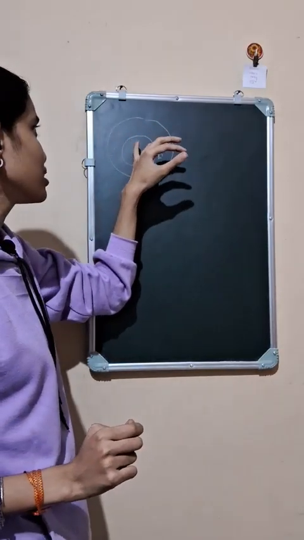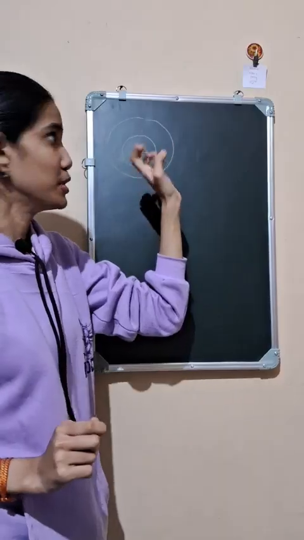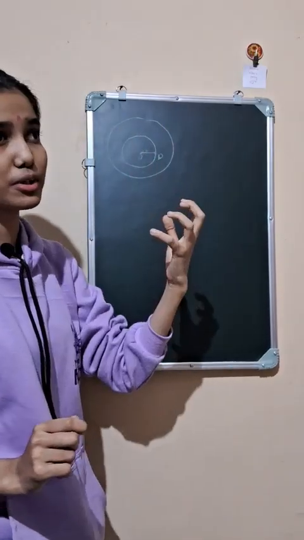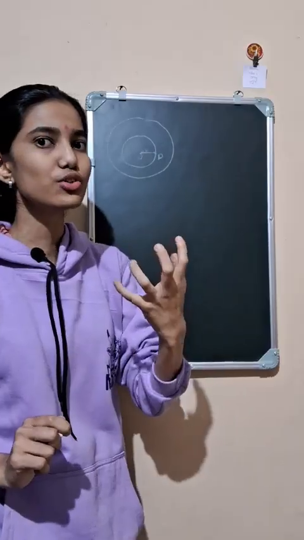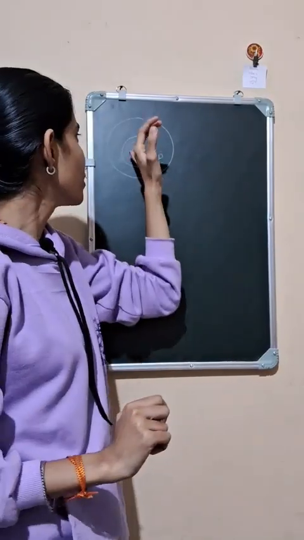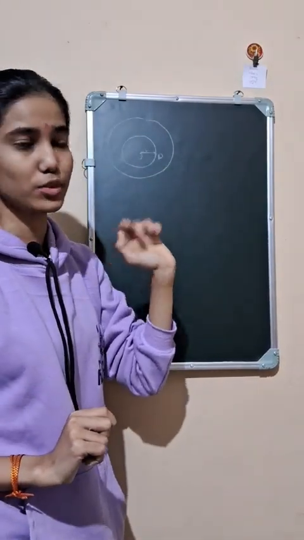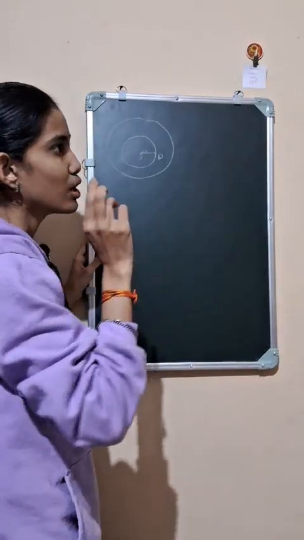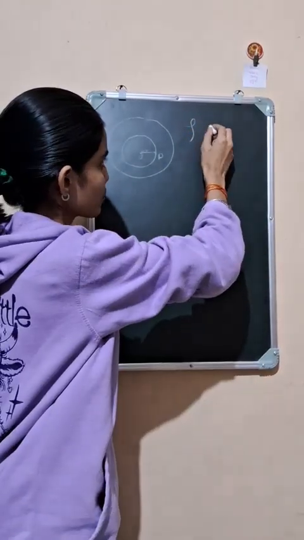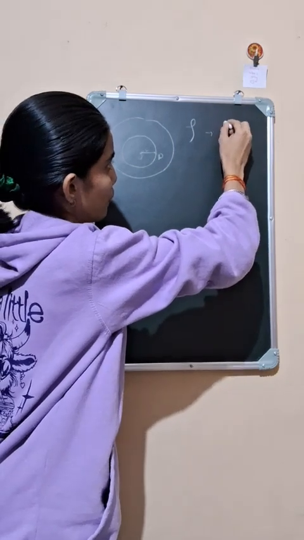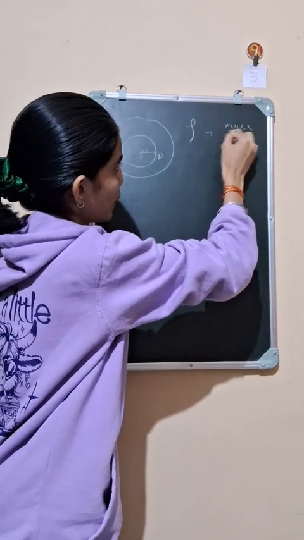And here there is a solid sphere, and the point P lies on the surface of this solid sphere, meaning it will have some potential due to this solid sphere. So here I am going to use rho. You know rho is the volume mass density, meaning mass per volume.